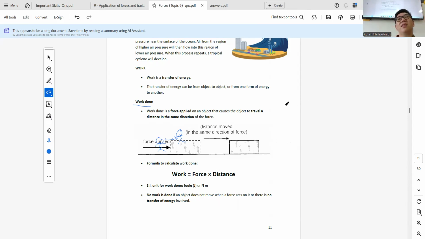Now, the key is it must be in the same direction. And there's a formula here which is force times distance. And the SI unit is joules.